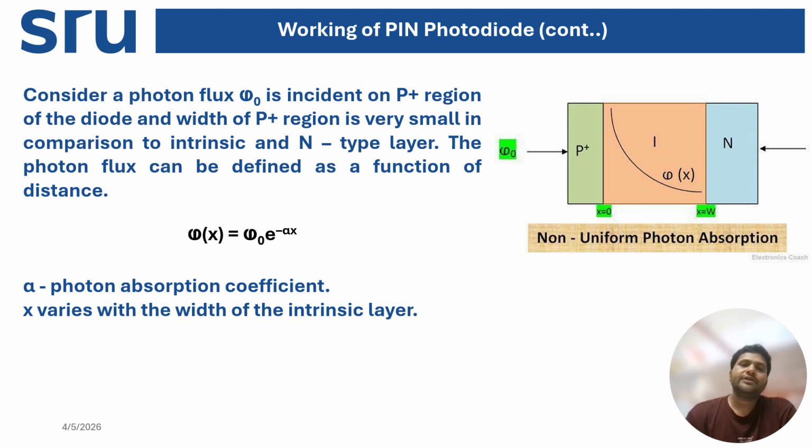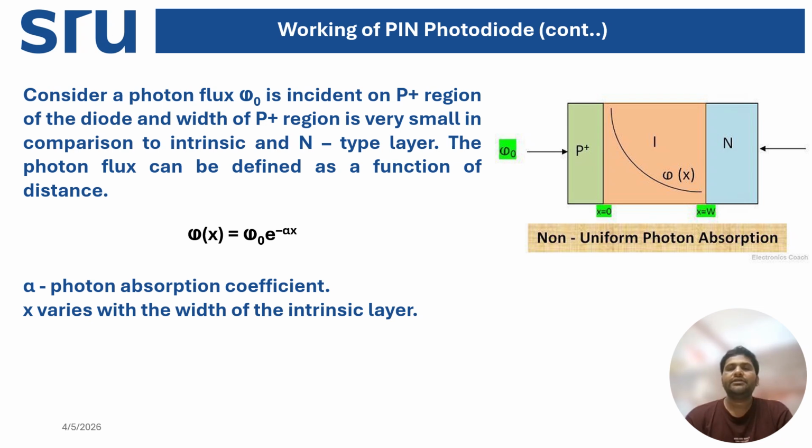So this equation shows that the photon flux decreases exponentially as it penetrates deeper into the device. So most of the photons are absorbed near the entry region and fewer photons reach the deeper parts.